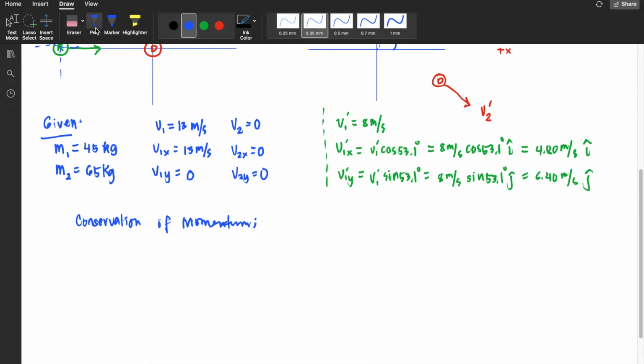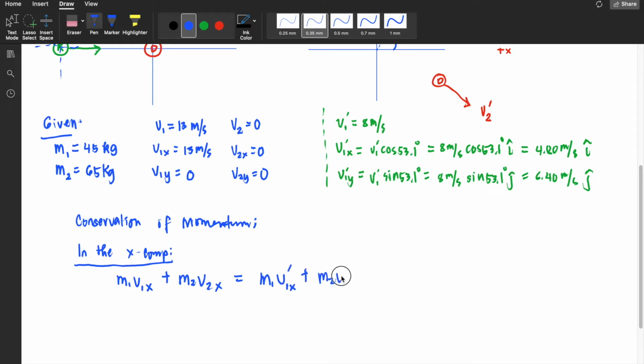So you'll have the x component: m1 v1x plus m2 v2x is equal to m1 v1x' plus m2 v2x'.